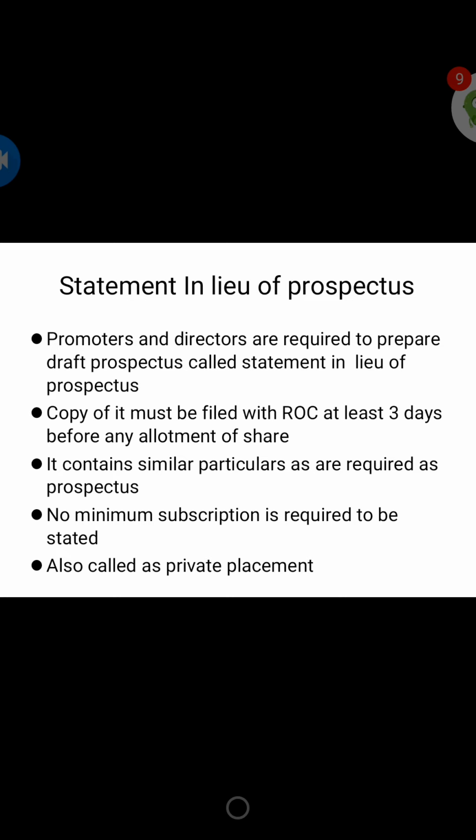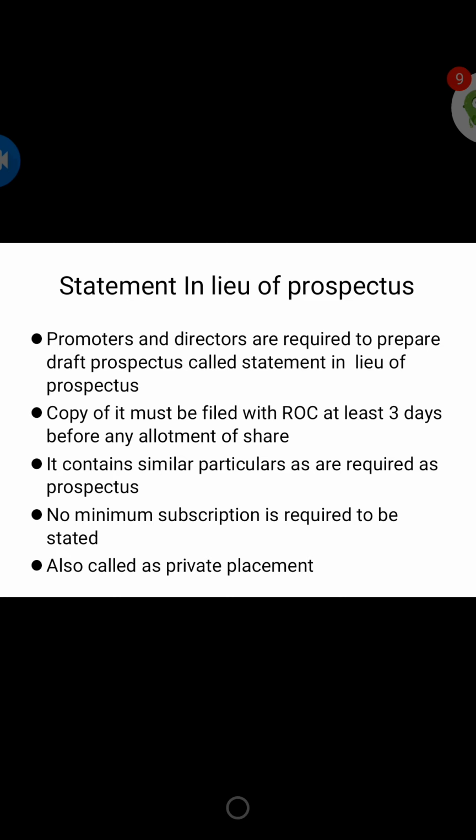Promoters and directors are required to prepare a draft prospectus called a statement in lieu of prospectus, and according to Section 70, it should be filed with the registrar of the company at least 3 days before making any allotment of shares.